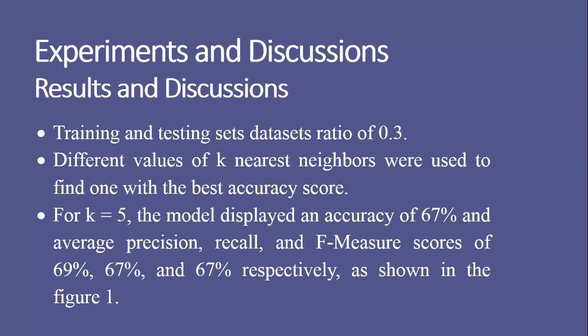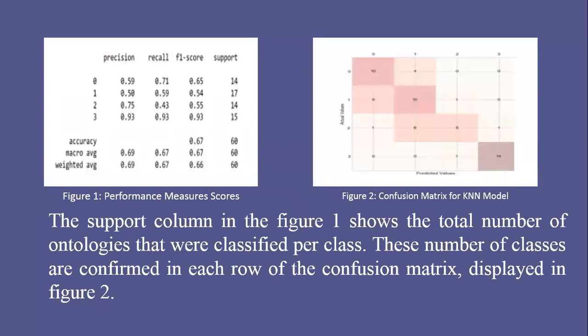In this case, we found that for the value of K as 5, the model displayed an accuracy of 67% and average precision, recall, and F measure scores of 69%, 67%, and 67% respectively, as shown in figure 1 here.